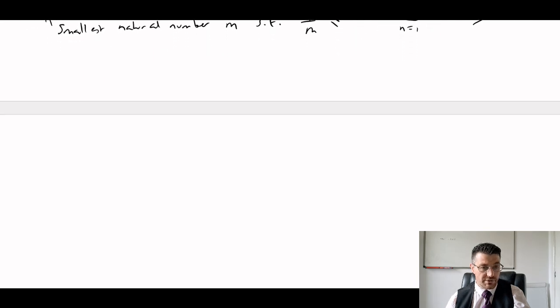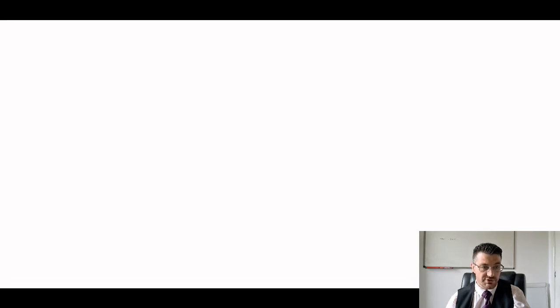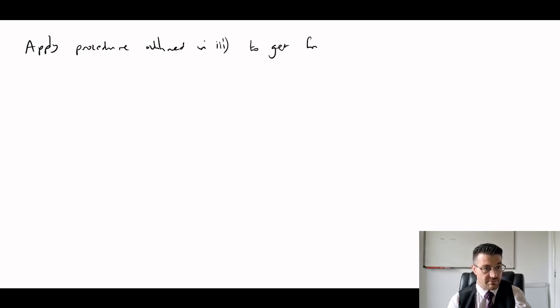So we apply the procedure outlined in part 3 to get a friendly form for q minus the sum from n equals 1 to n of 1 over n.